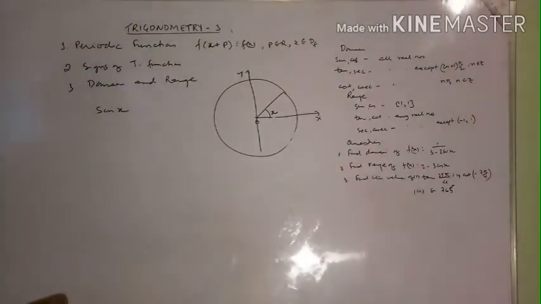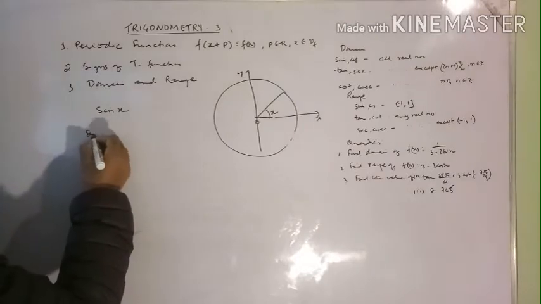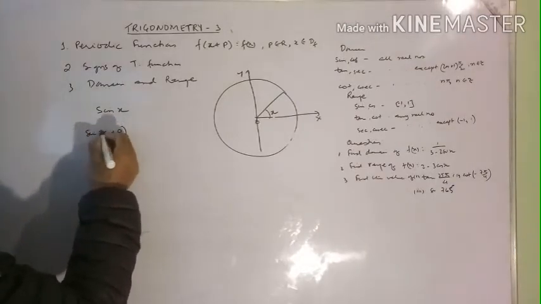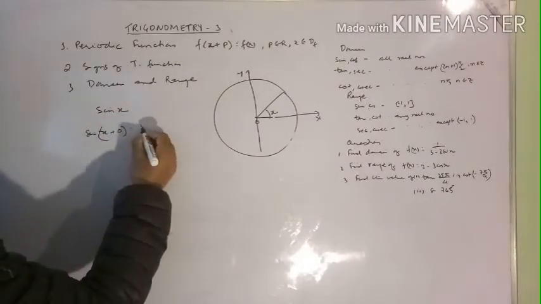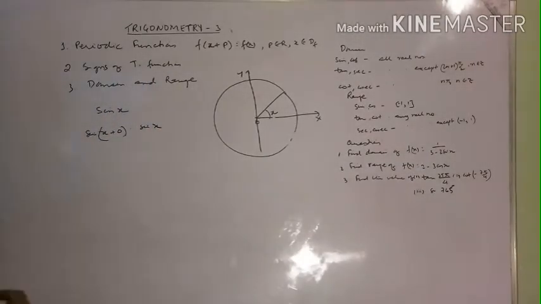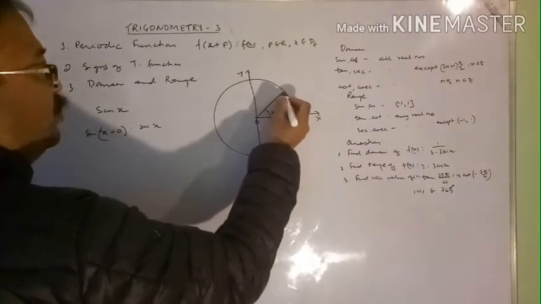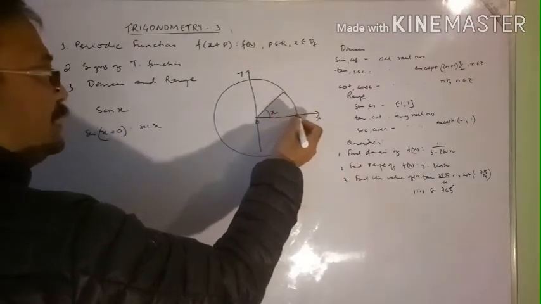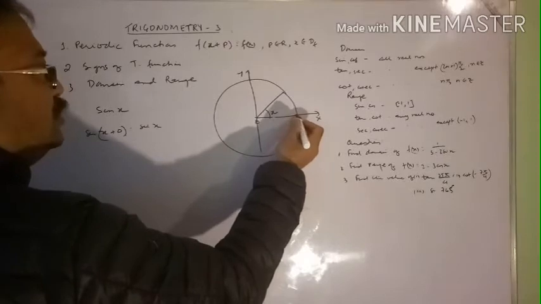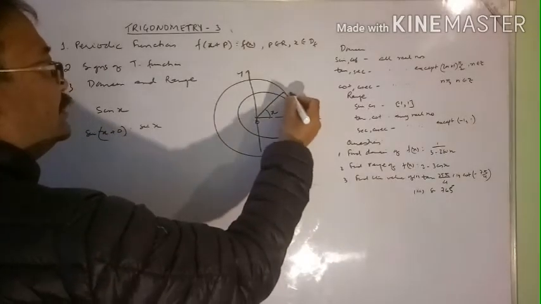Now sin x plus 0, where the value p is 0, is obviously sin x only. Okay, no problem. Suppose this line rotates once completely, it starts from here, rotates and comes back once again to the same position here.